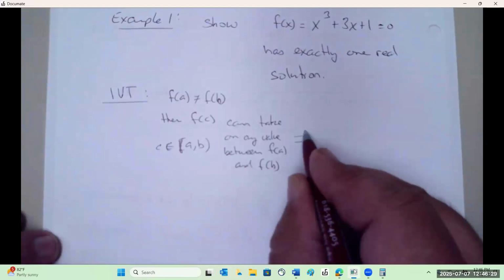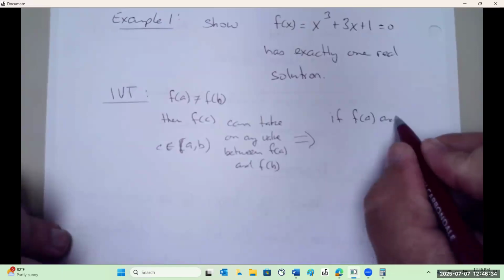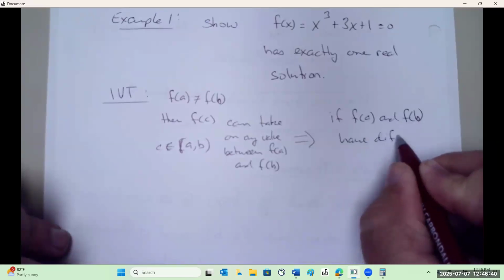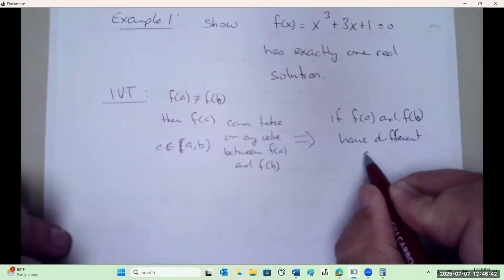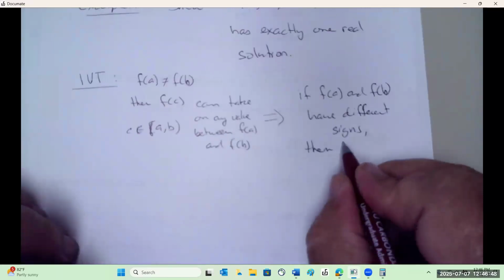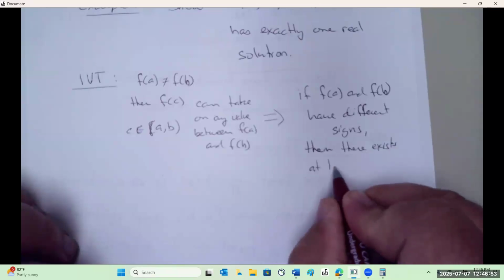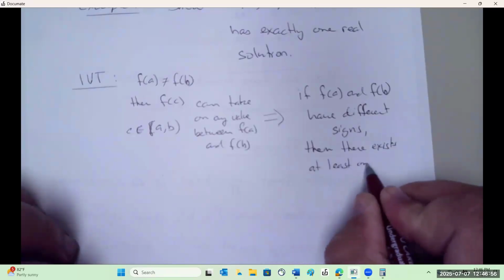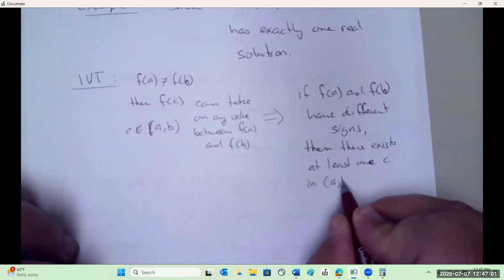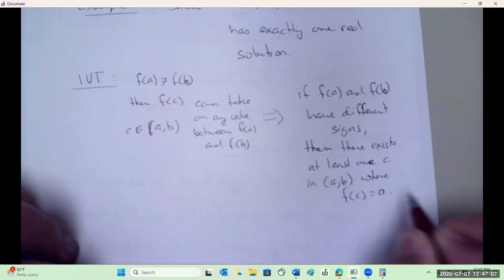But take this one step further. If f of a and f of b have different signs, then there exists at least one c in a and b where f of c equals 0.